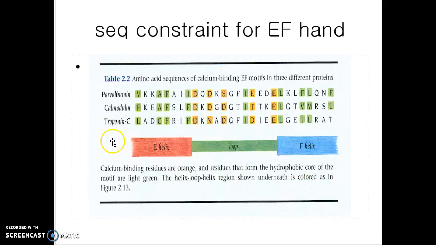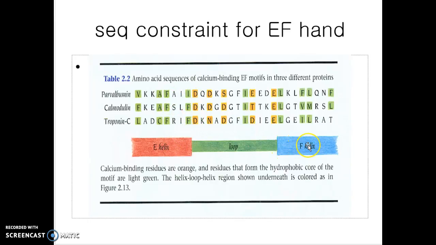In this slide, you can see the sequence constraint to make the EF hand. Three different proteins having EF hands are aligned. As you see at the bottom, in the two helices many hydrophobic residues are highly conserved, in green color.